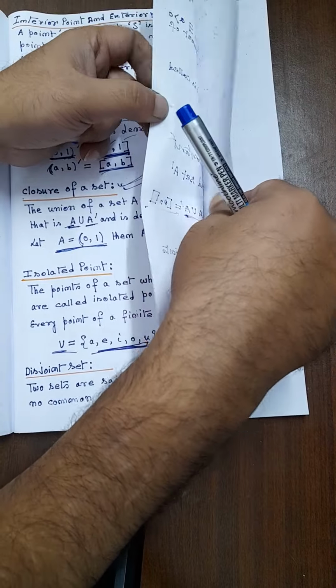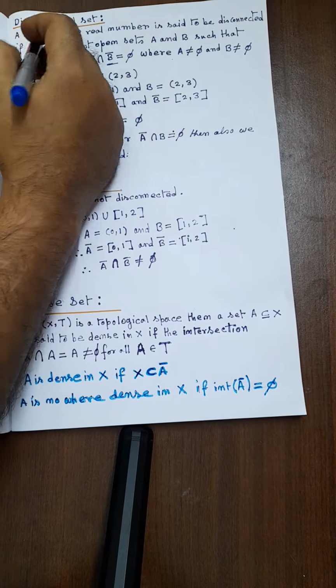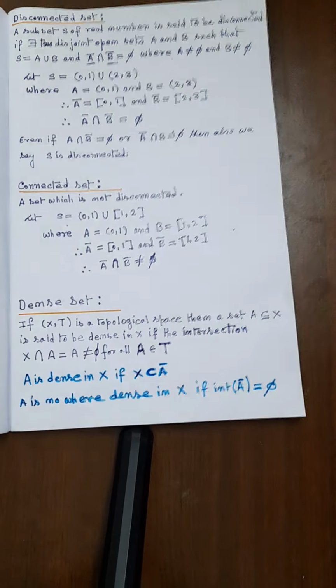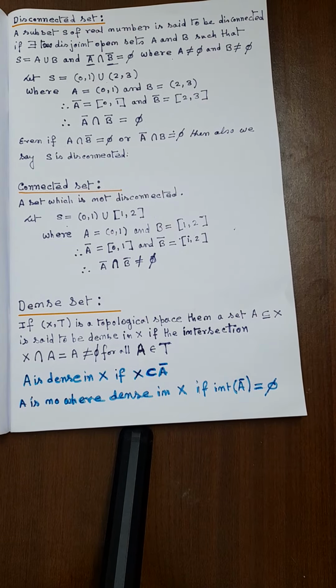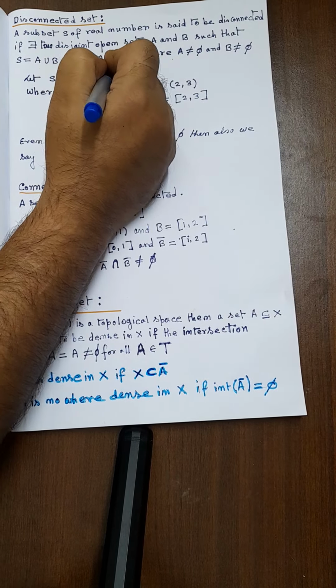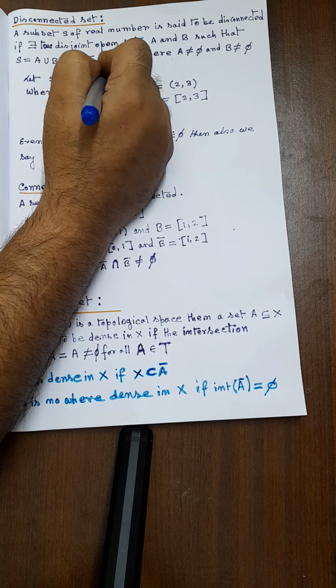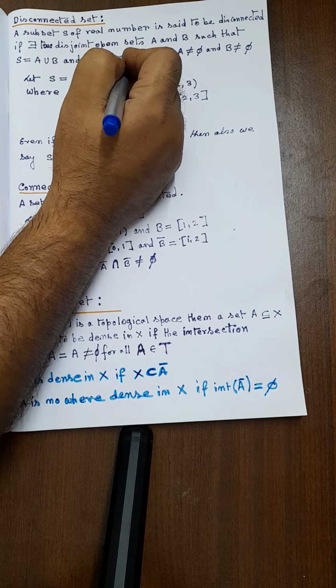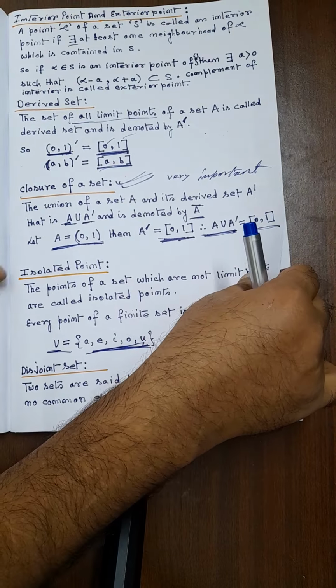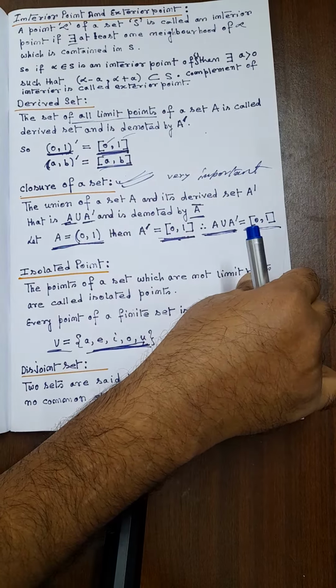A subset S of real numbers is said to be disconnected if there exist two disjoint open sets A and B such that S equals A union B, and the closure of A intersection the closure of B is not equal to the empty set.